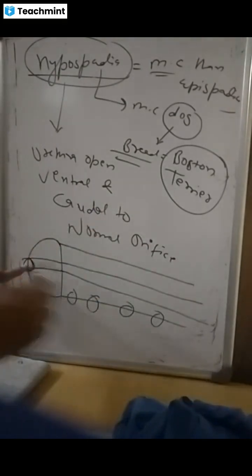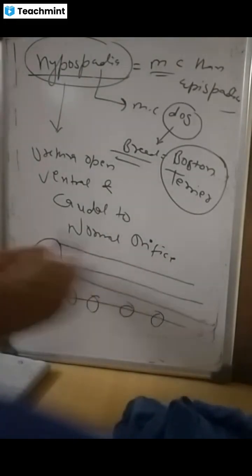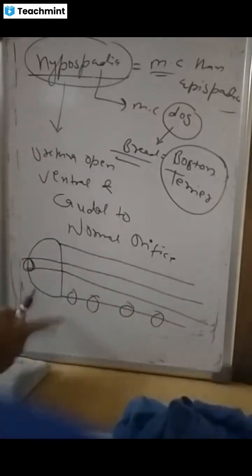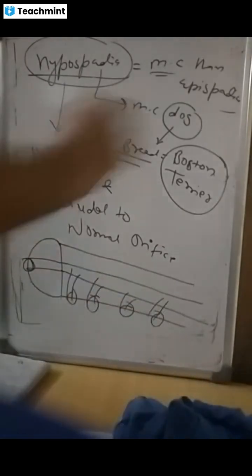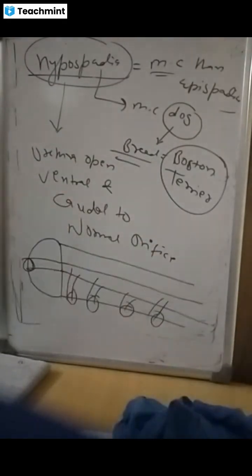This is caudal to this. This is normal and these are caudal, behind. It may open anywhere. That is why it occurs, because of failure of fusion of the genital fold, and it is more common in case of dog.